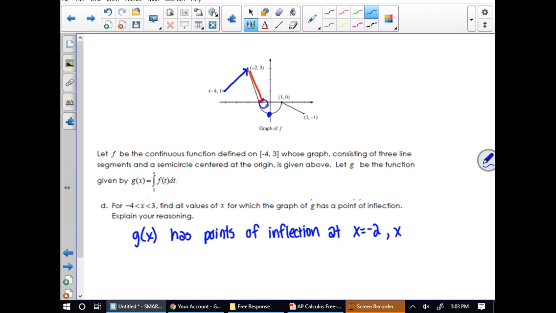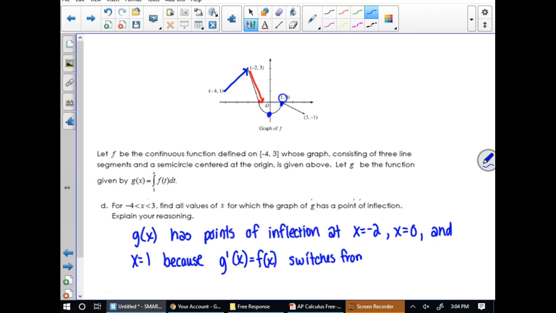Also right here at x equals 0 and x equals 1 because g prime of x, and I just like to go ahead and put which equals f of x here so they're certain I know that's the case, switches from increasing to decreasing. Or vice versa.